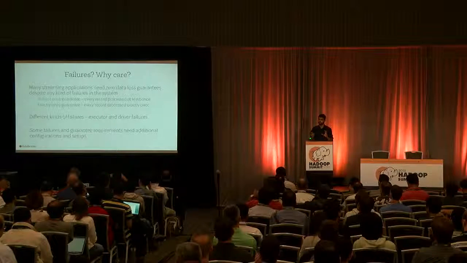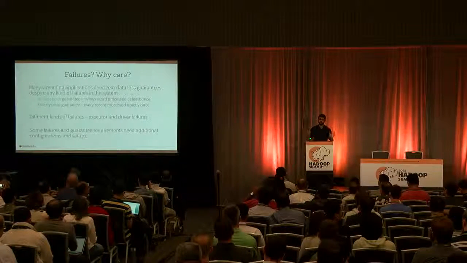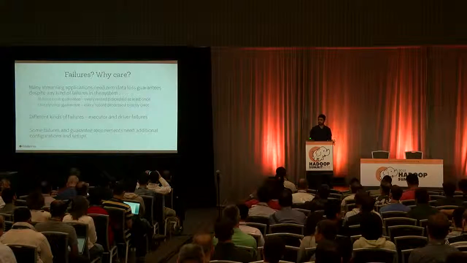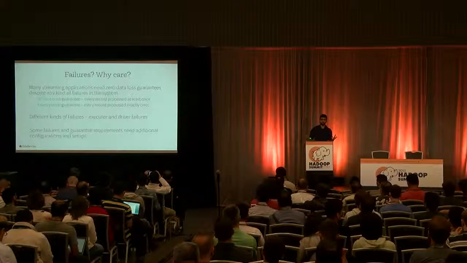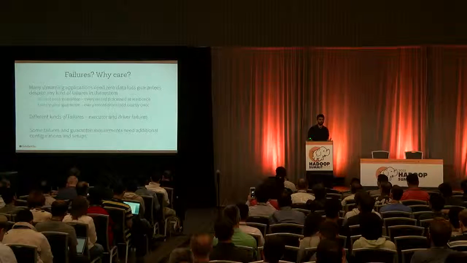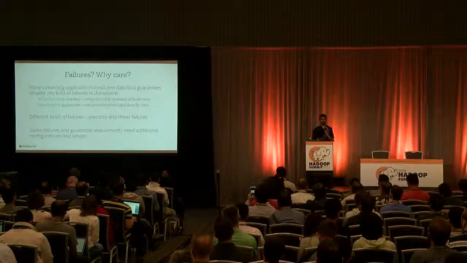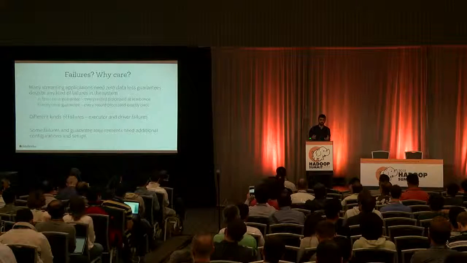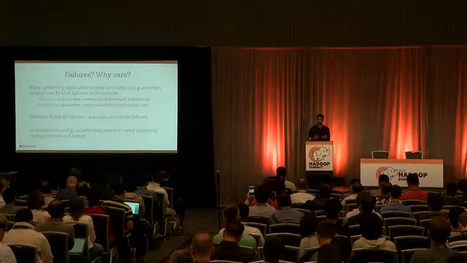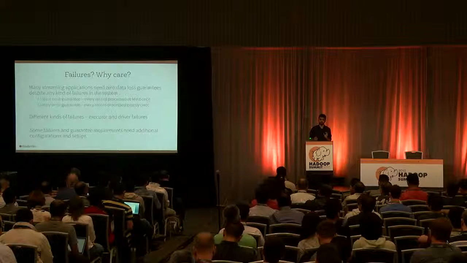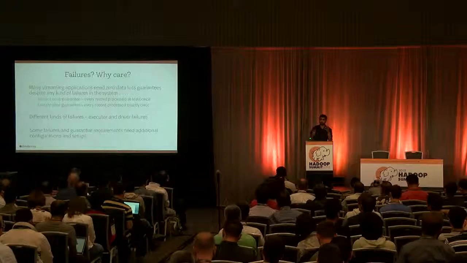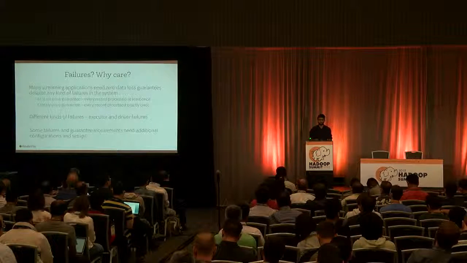Two critical ones, which essentially capture the whole domain of failures, are the executor and the driver. These are the two components that can fail. Depending on the requirements of your system, whether it's at-least-once or exactly-once, and the kind of failures, you need to configure and set up the system in slightly different ways. That's what I'm going to walk you through in the next few slides.